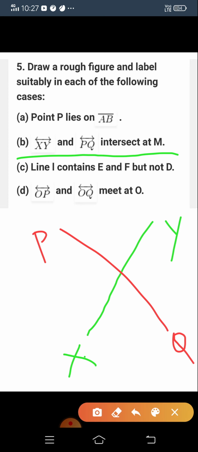The intersecting point we have to name M. Is it clear? Here XY is there and PQ is a line. The intersecting point you have to name M.